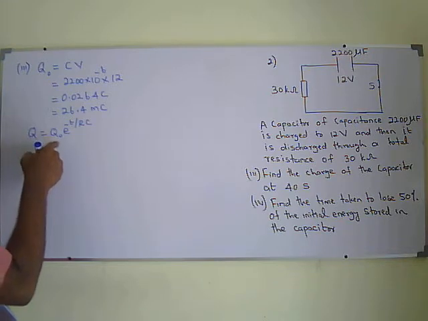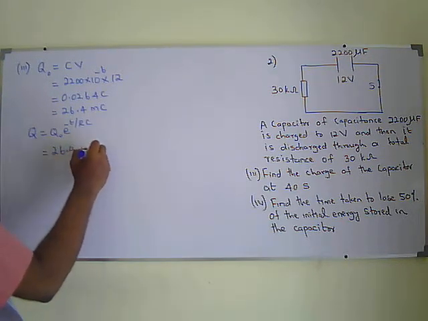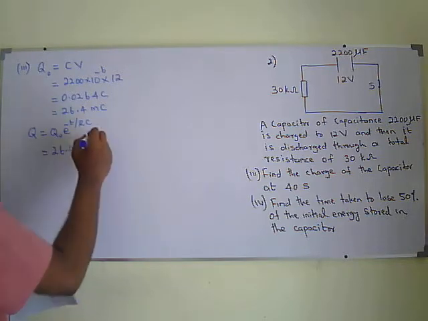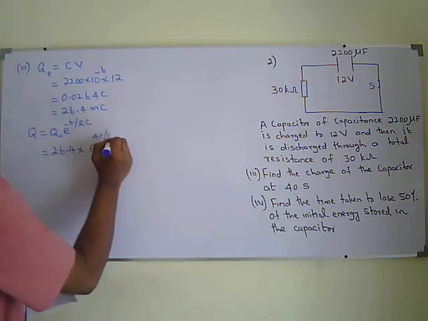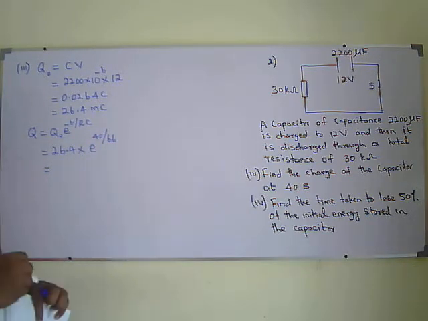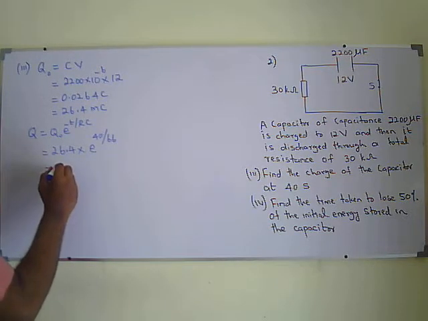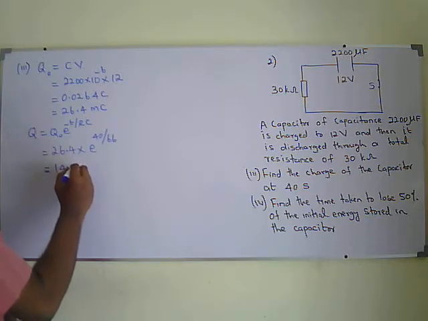So Q naught is 26.4 millicoulomb times e to the power minus 40 over RC. RC I already found is 66. So solve it, you will get the answer for the charge at 40 seconds. The answer will be 14.4 millicoulomb.